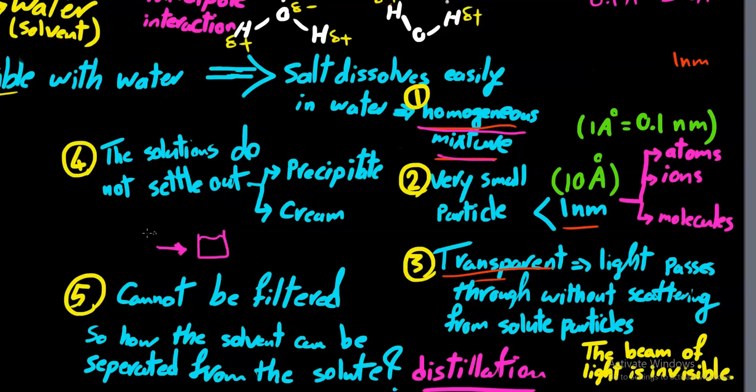Let me explain a little bit more about the scattering of light. When we shine a beam of light at something which is very, very small, we've got a very tiny amount of scattering, so the light doesn't go into your eyes.